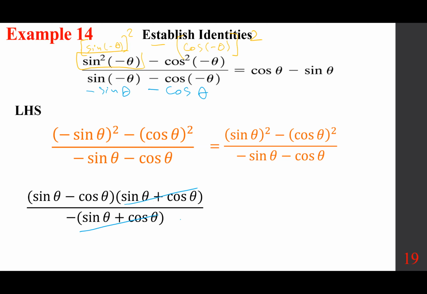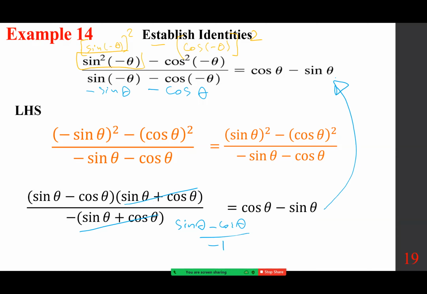Let me write that. That means sine theta over -1, which is negative sine theta. That means minus cosine theta over -1, which means positive cosine theta. And that's cosine theta minus sine theta, and we just proved the identity.